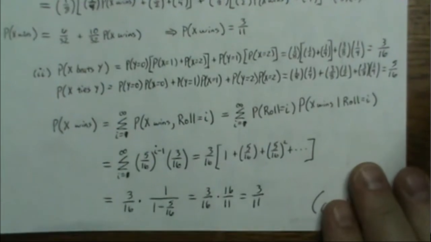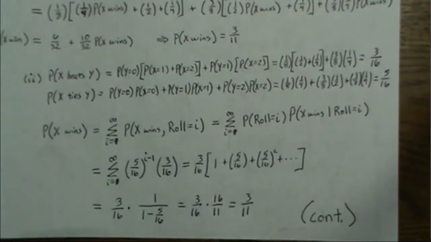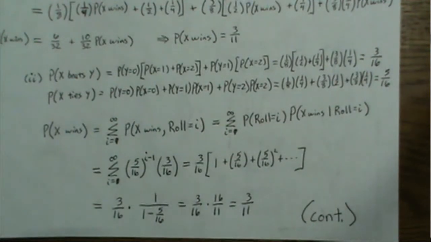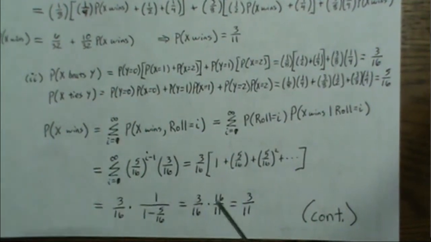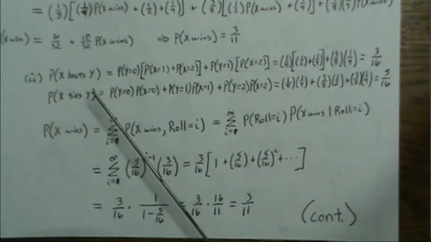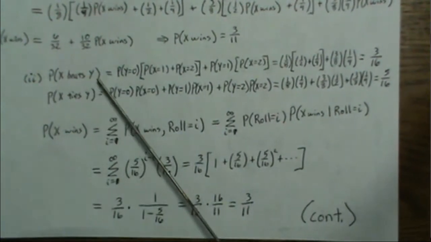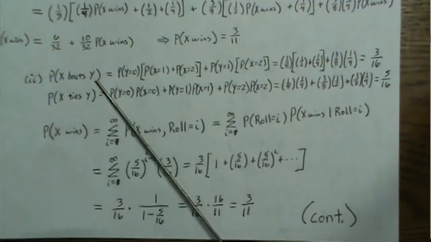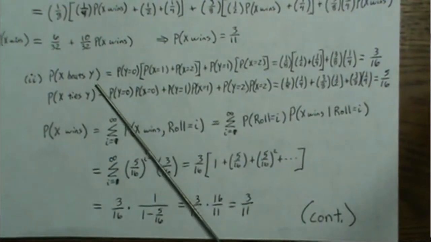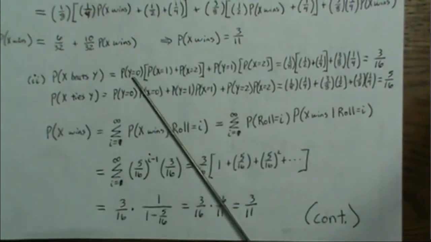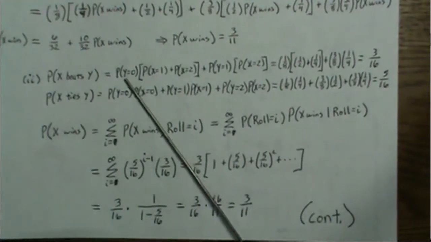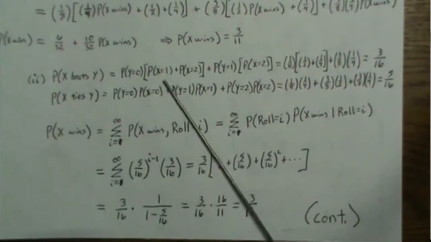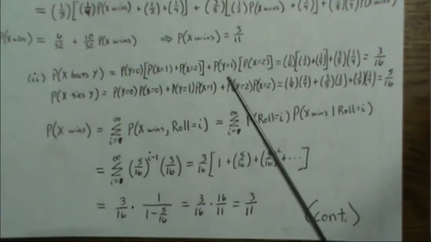Now here's a second approach that may be helpful. If we look at the probability that X beats Y, so a tie is not possible, just that he flat out beats Y. This is the probability that Y rolls a 0, but X has to have a 1 or a 2.